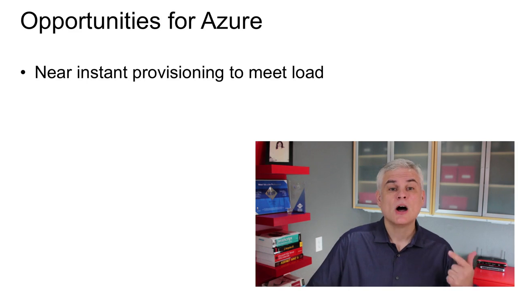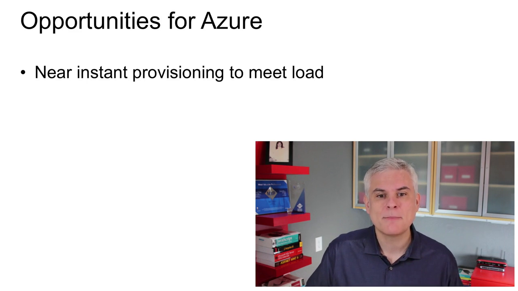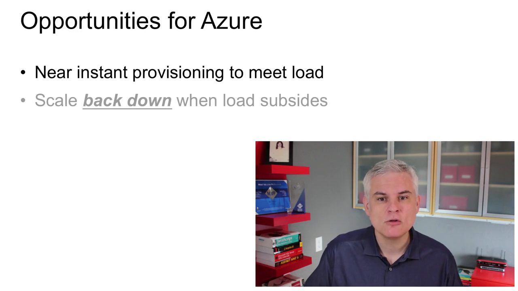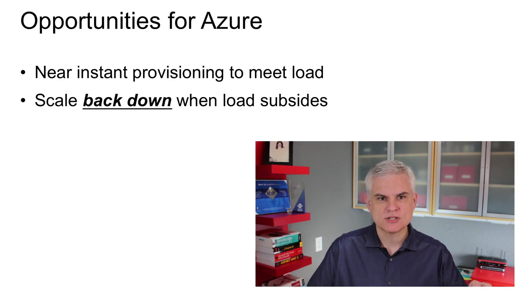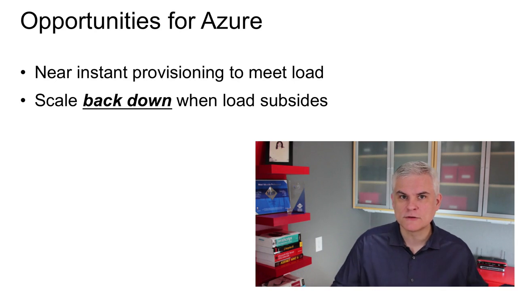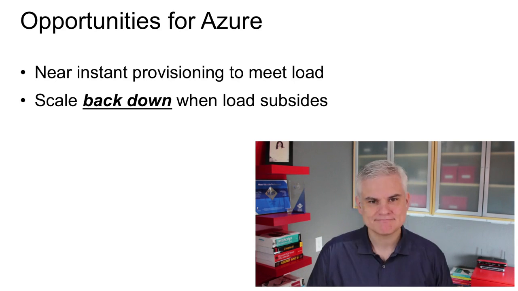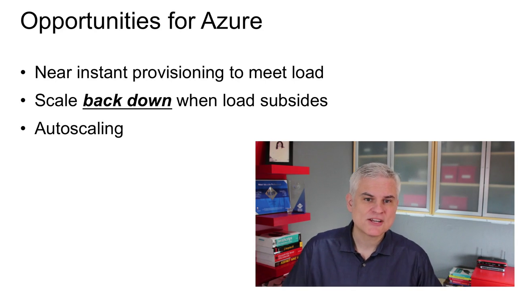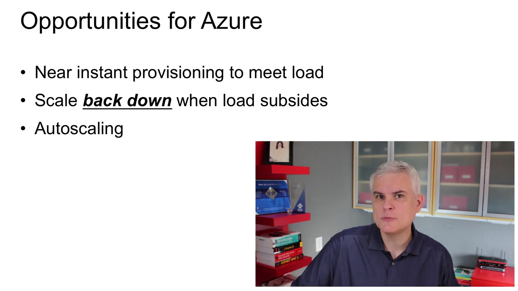Super easy. Also, with Azure, you can scale back down when you no longer need those compute resources. That's something that you can't easily do when you own your own server farm with your own physical servers. And in most cases, with Azure, you can do this automatically without human involvement.